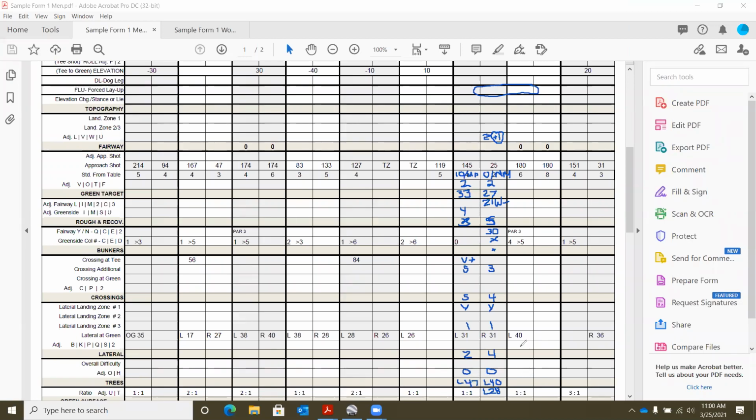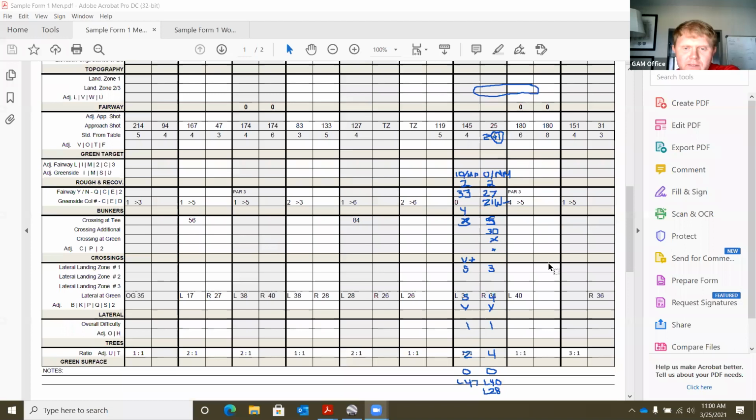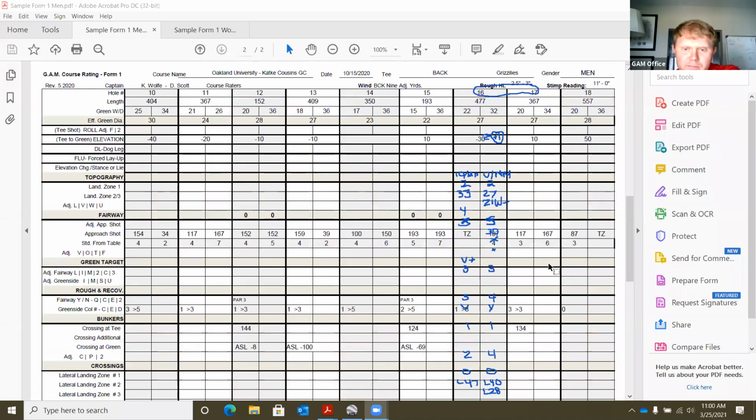All right, and then the last thing that we'll do is our trees. I know we're kind of writing all on top of everything here, but I'm just going to clear this out. Probably should have done that.